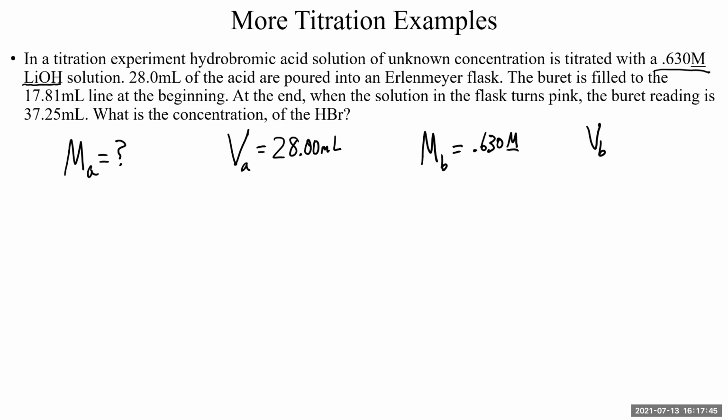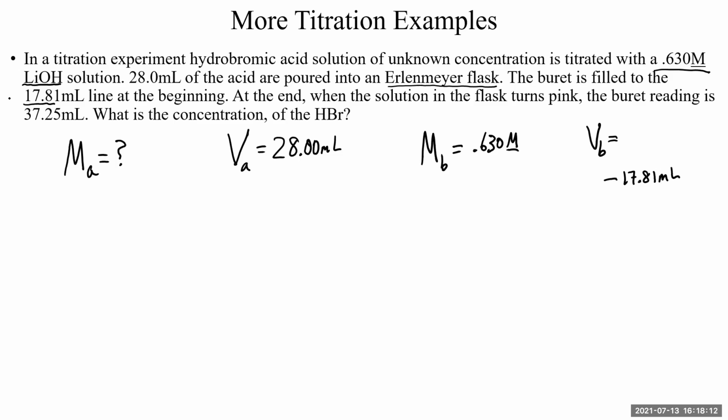Are poured into an Erlenmeyer flask. Usually the Erlenmeyer flask is the one that holds your analyte plus your indicator. The burette is filled to the 17.81 milliliter line. So that is not the volume of the base. Now be careful. The volume of the base is going to be something minus 17.81 milliliters.